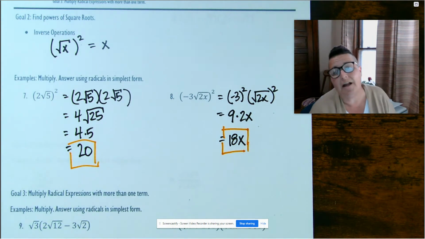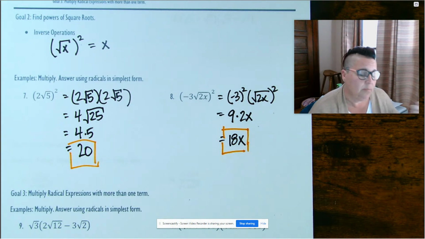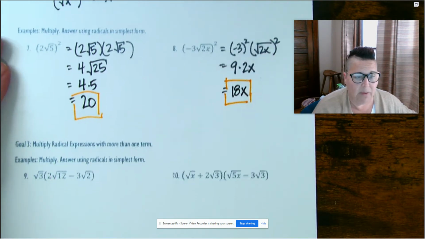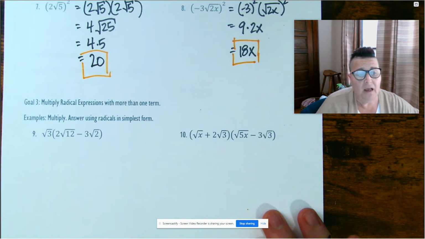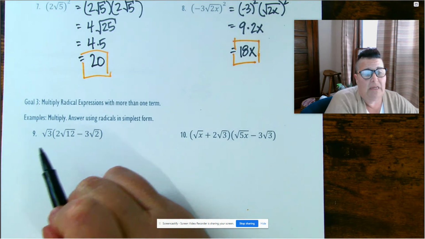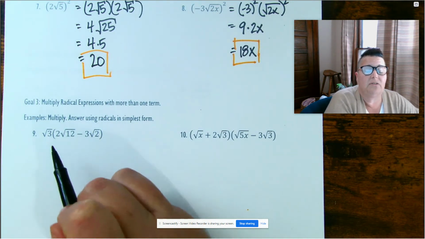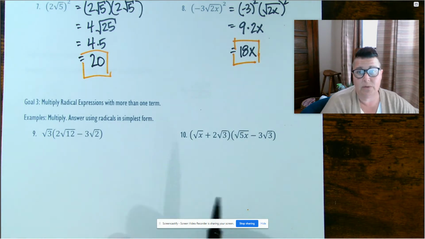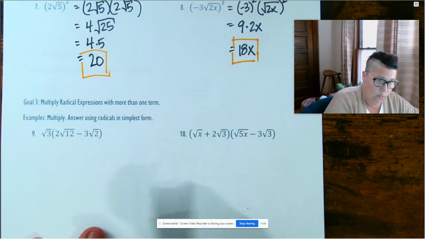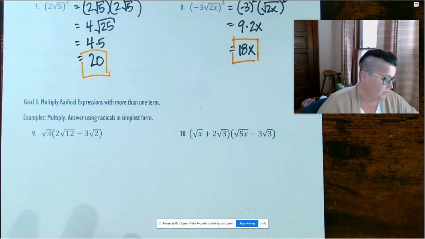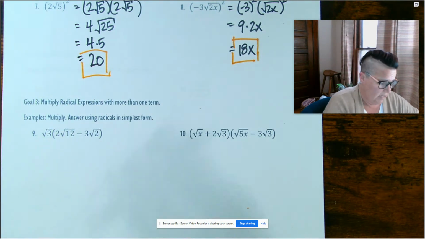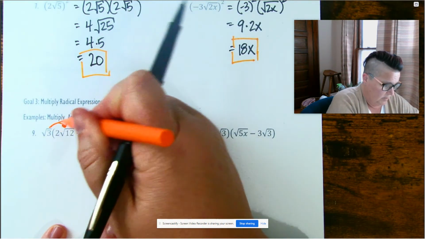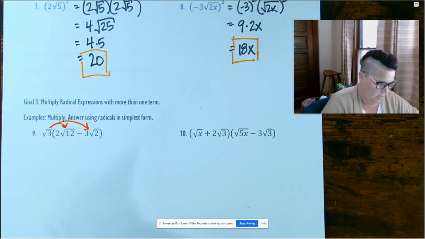Well, because we're going to kick it up a little bit further, and we're going to multiply some binomials, some radical expressions that are actually binomials. So here we have the square root of 3 times the binomial, 2 square roots of 12 minus 3 square roots of 2. So that means I'm going to distribute that root 3 just as we normally would, there and there, right?